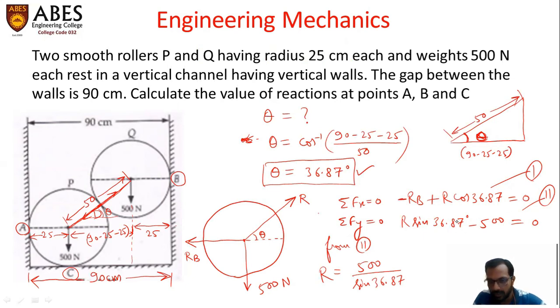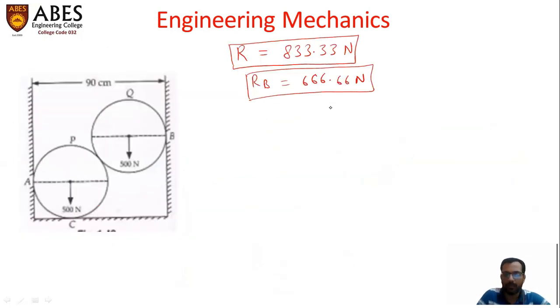We cannot put the value of R in the second equation because there is no term representing RB. So we need to put the value of R in the first equation only. Using the first equation, the value of RB comes to be 666.66 newtons. So that is the first answer.